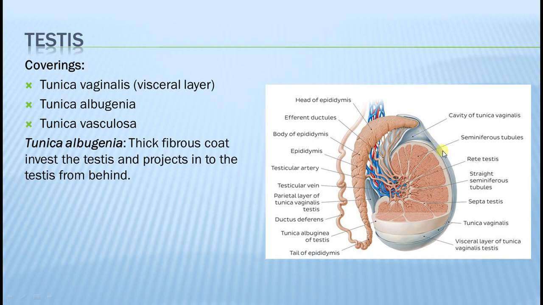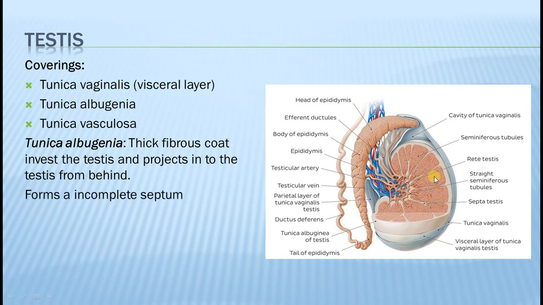Tunica albuginea is a thick fibrous coat. Something it can be considered as the capsule for the testis. Albuginea means thick white. Okay, tunica is a coat. If you trace this thick tunica albuginea along the posterior border of the testis, it projects into the testis, forming a septum called as the mediastinum testis.